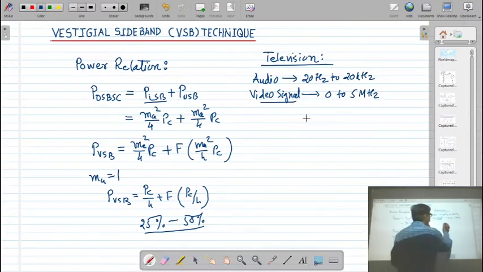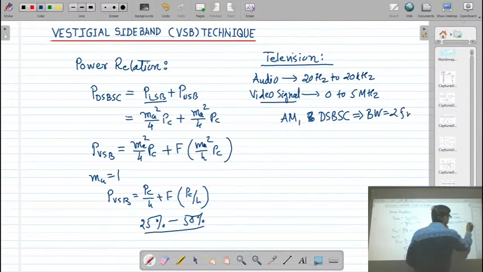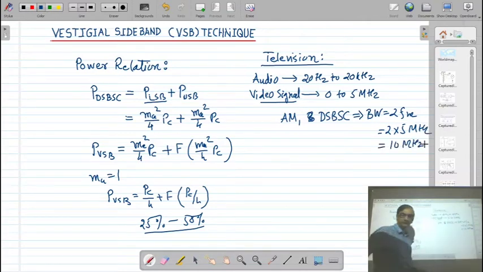If I am using an AM technique or a DSBSC technique, then the bandwidth will be 2 fm, which is 2 into 5 megahertz. So you require a 10 megahertz bandwidth.